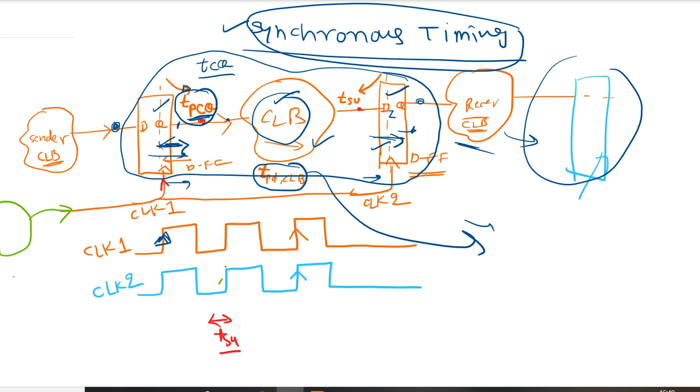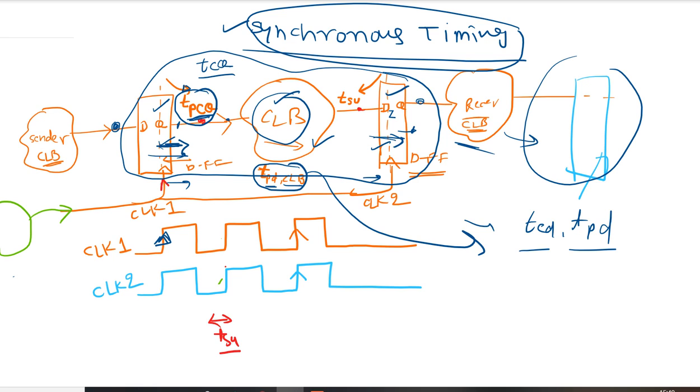The maximum time is represented by the propagation delay and the minimum time by the contamination delay, so TCD and TPD we have discussed earlier. This CLB would take a maximum delay of TPD CLB, that propagation delay.